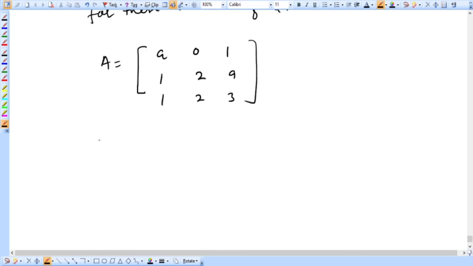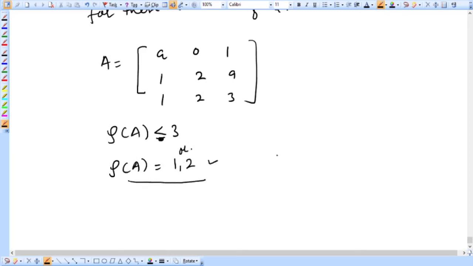since the rank of A is strictly less than 3, the rank of A could be 1 or 2.